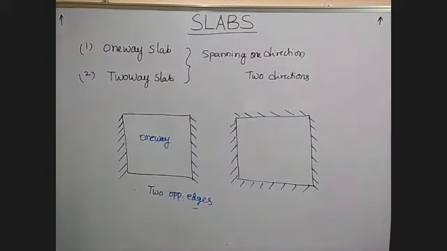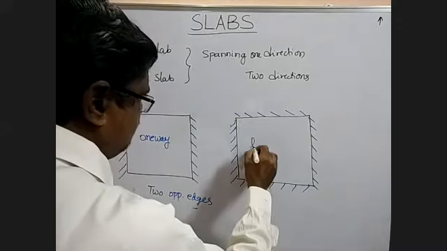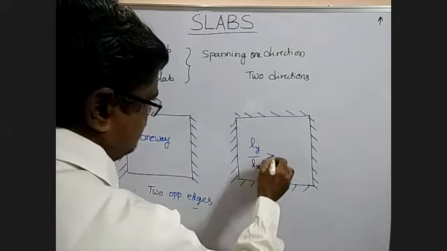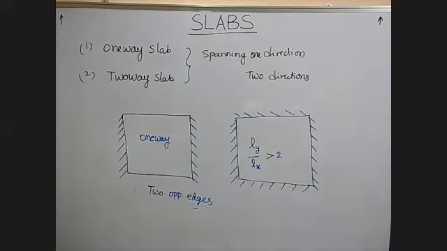ఓకే, నౌ హియర్, if the 4 edges are supported, the formula: Ly by Lx is greater than 2. Ly by Lx is greater than 2.